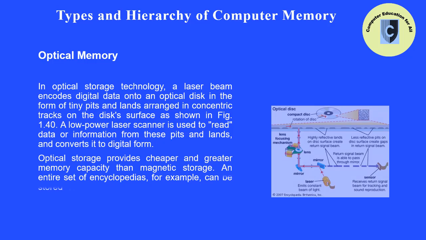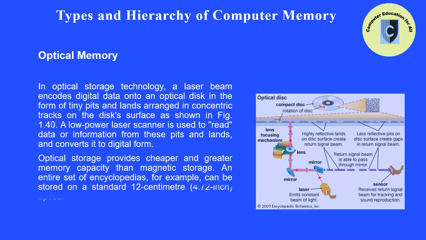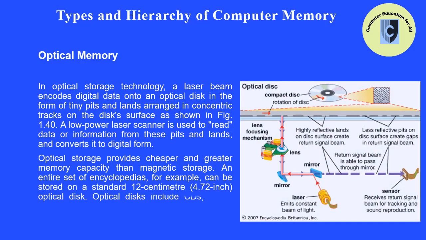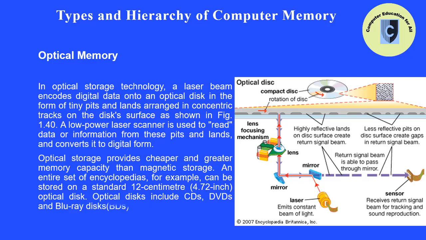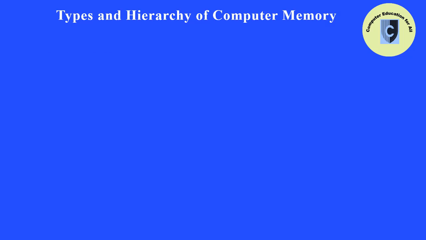Optical storage provides cheaper and greater memory capacity than magnetic storage. An entire set of encyclopedias, for example, can be stored on a standard 12-centimeter, 4.72-inch optical disc. Optical discs include CDs, DVDs, and Blu-ray discs.